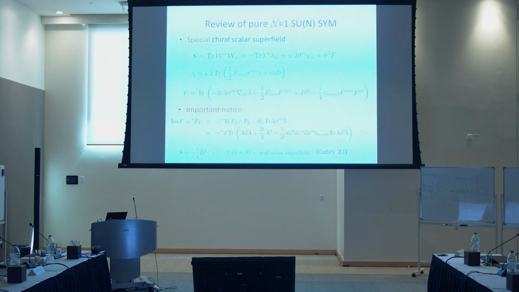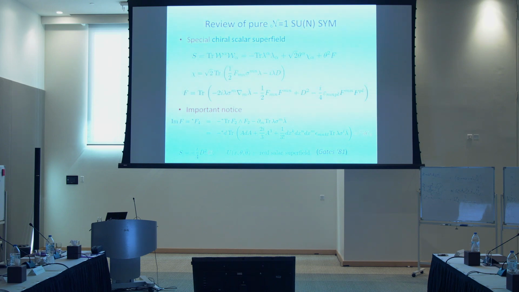So what we learn from this is that this chiral superfield actually is a special one. It's not the standard one where F is the complex scalar, but it contains the 3-form entering with its field strength here.